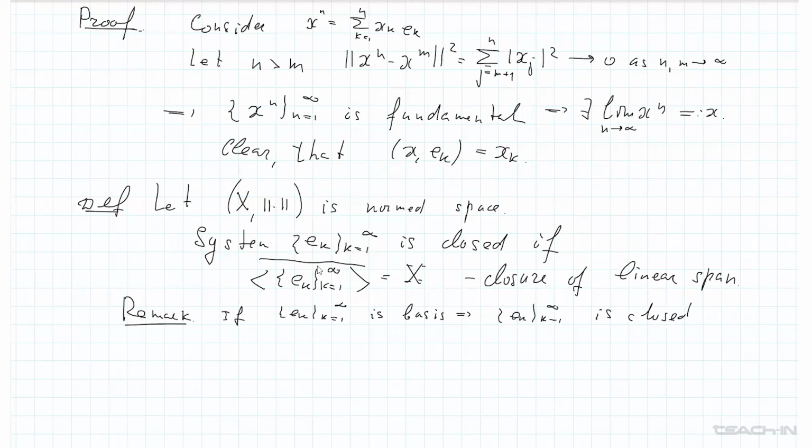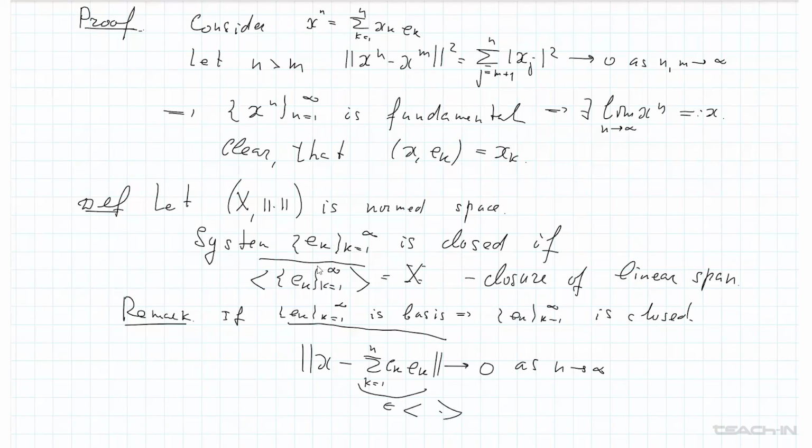Because by the definition of basis, the approximation tends to 0 as n tends to infinity. So we can approximate an element from the linear span, and the approximation to zero of the difference is just a closure. So from a basis we immediately obtain that any basis system is a closed system. The inverse is not correct.